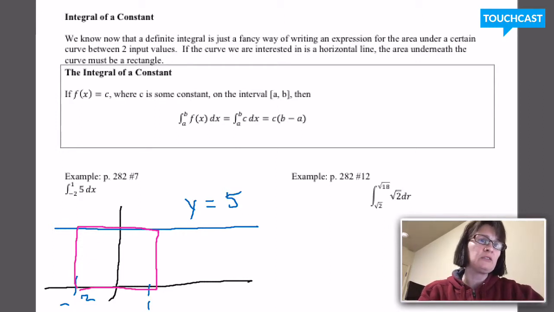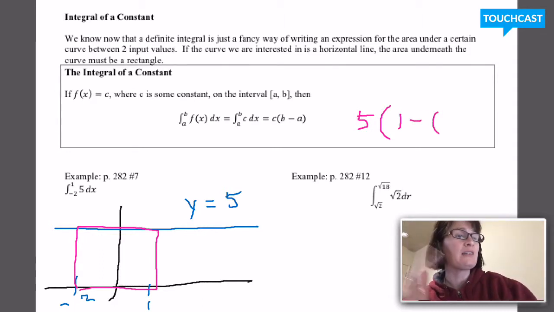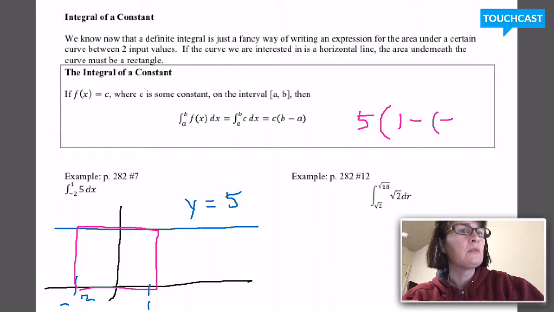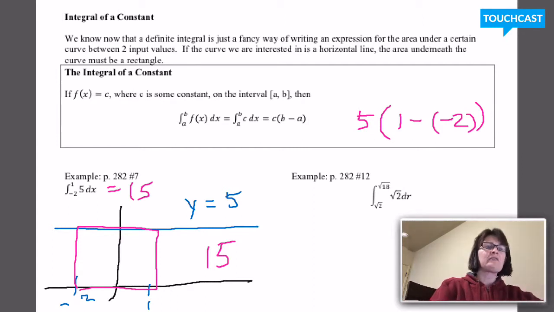And notice if I want to use this formula, that's going to be 5, which is my c, times 1 minus my a value, the left-hand side of my interval, -2. So 5 times 3. That definite integral is equal to 15. That is not an approximation, that's an exact value.